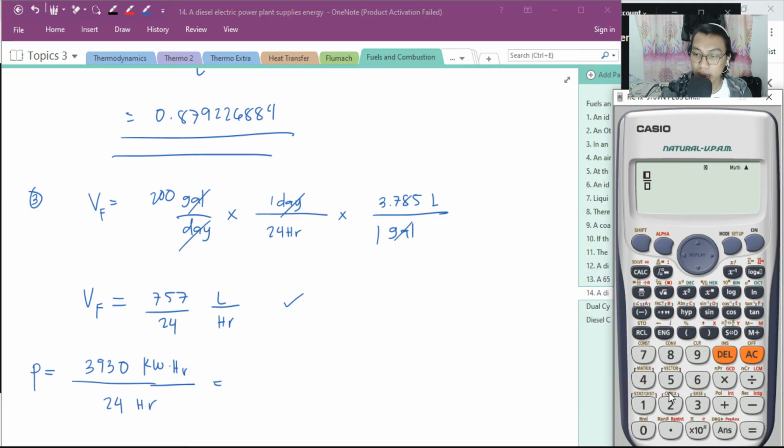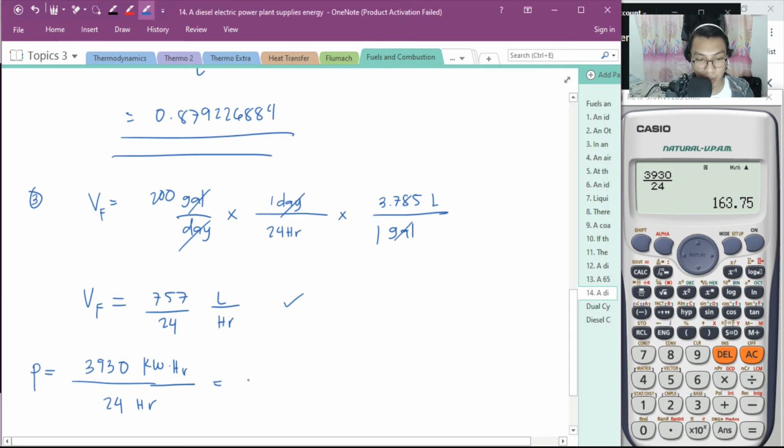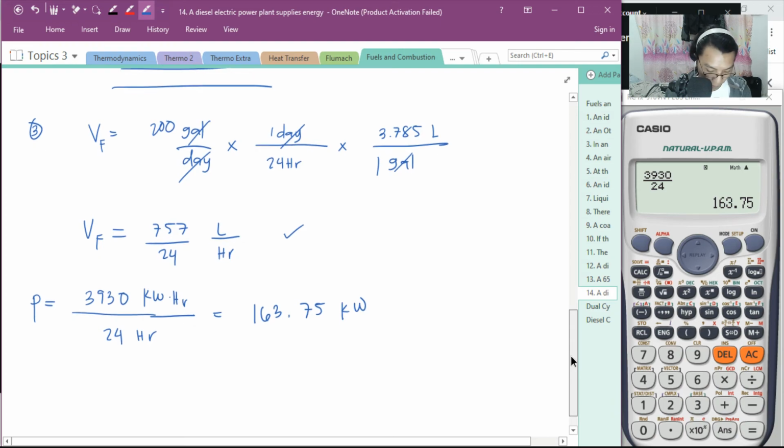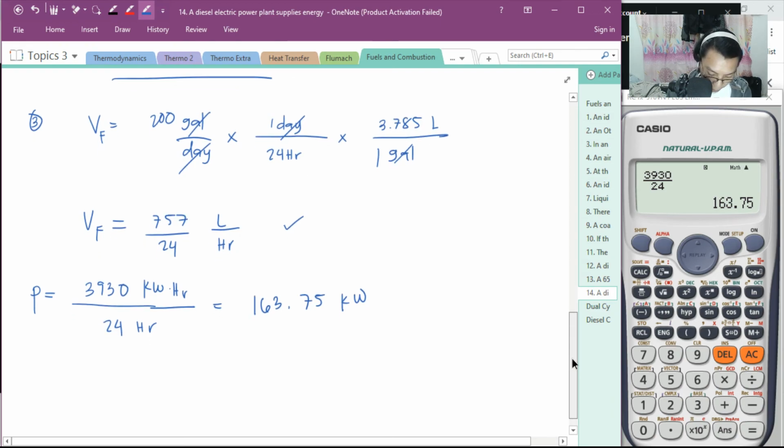So, that is 3930 divide by 24. The answer is 163.75 kilowatts. In every kilowatt hour, ilan daw ang magagasta mo dyan?